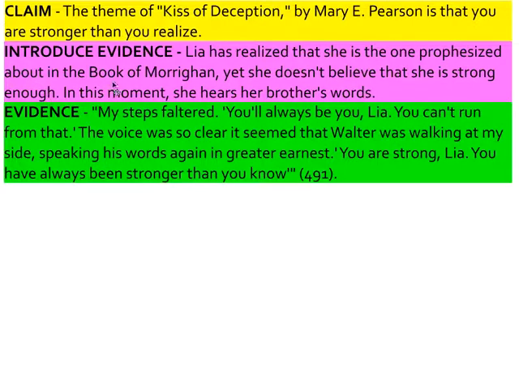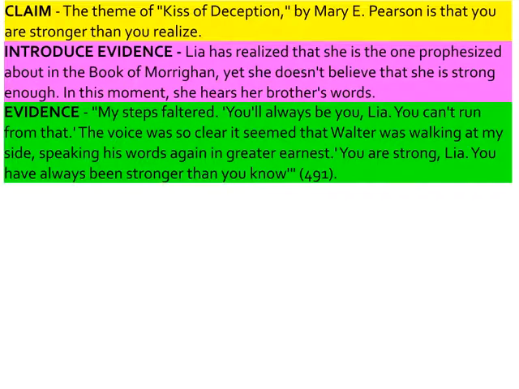Leah has realized that she is the one prophesied about in the book of Morgan. Yet she doesn't believe that she is strong enough. In this moment, she hears her brother's words. I'm introducing my evidence in a way that helps you to understand what is happening in the story when this evidence comes about, when the narrator says this.